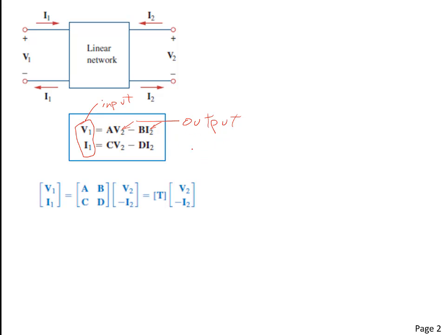So what you have here is in as a function of out. The input variables are a function of the output variables. Okay? And these are one form of the transmission variables, and we just call them A, B, C, and D.